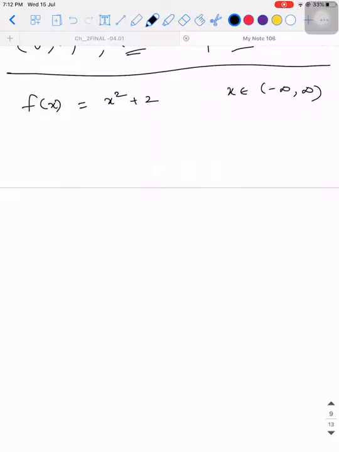Now, what is the least value of a perfect square? What is the least value a perfect square can give you as the output? Least value of a perfect square is 0.